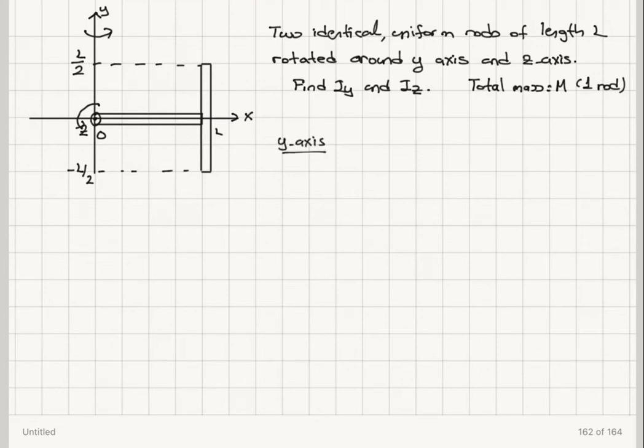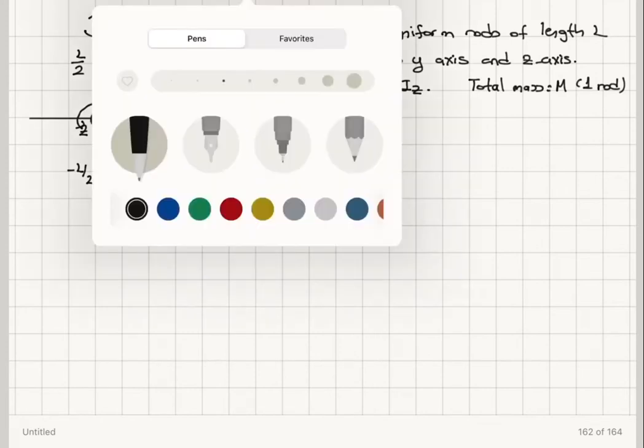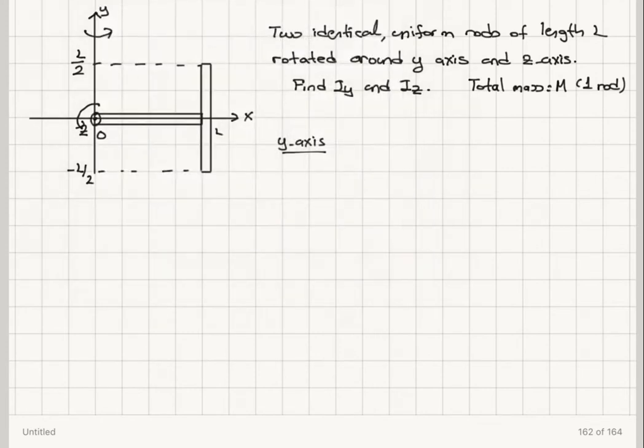Again, I'm going to pick a mass element, so let's use different colors for different rods. I pick a mass element here that is located at position x. It has width dx, and dm is equal to lambda dx. And for the other one, I pick a mass element here.